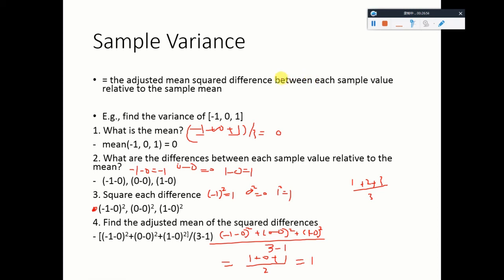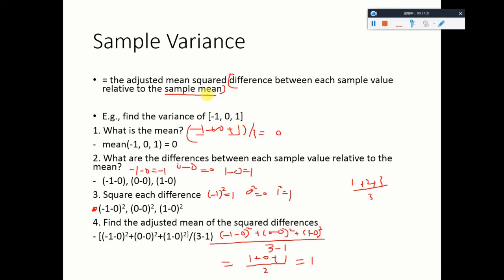First of all, we find the sample mean, and then we find the difference between each sample value and the mean: the first value, the second value, the third value.